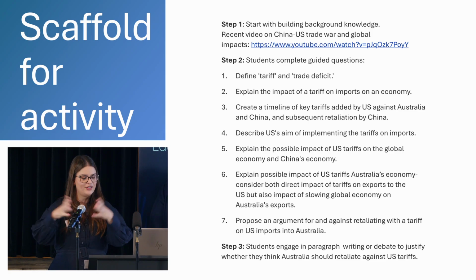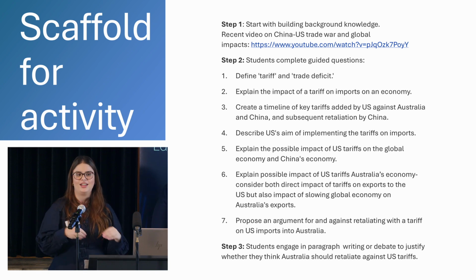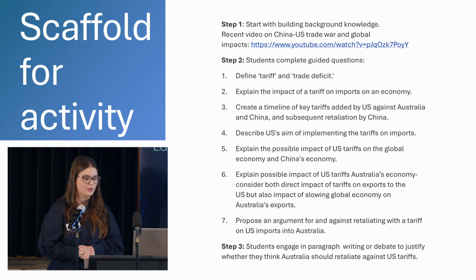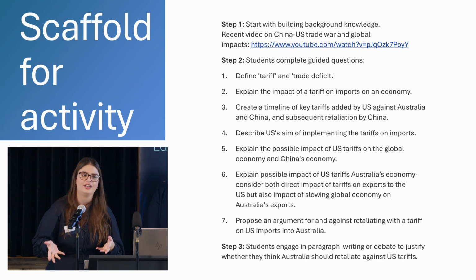And then once they've got this background on the impacts, argument and its impact on Australia, proposing an argument both for and against retaliating against that US tariff with an Australian tariff on US imports. And then whether you then take this into some kind of debate activity where students are justifying for and against, a paragraph writing activity.